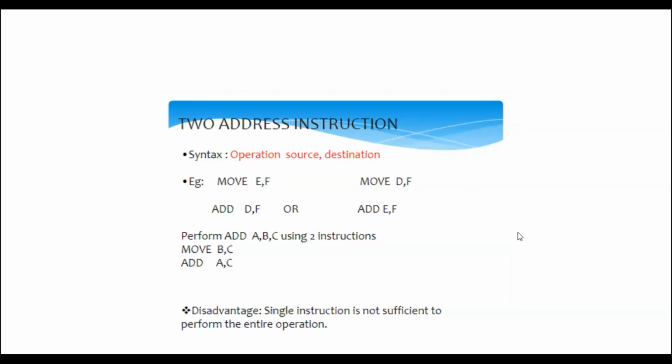We have MOV R1, A, which means that we move A, from its memory location, to R1. And let's say we have ADD R1, B, which means R1 plus B. B is in a memory location, so B is added into R1.